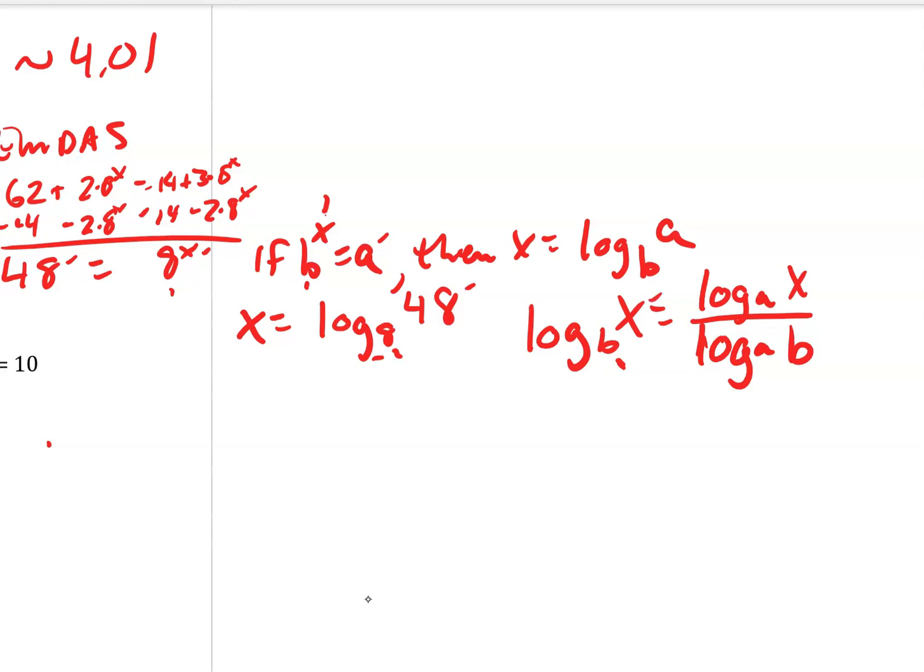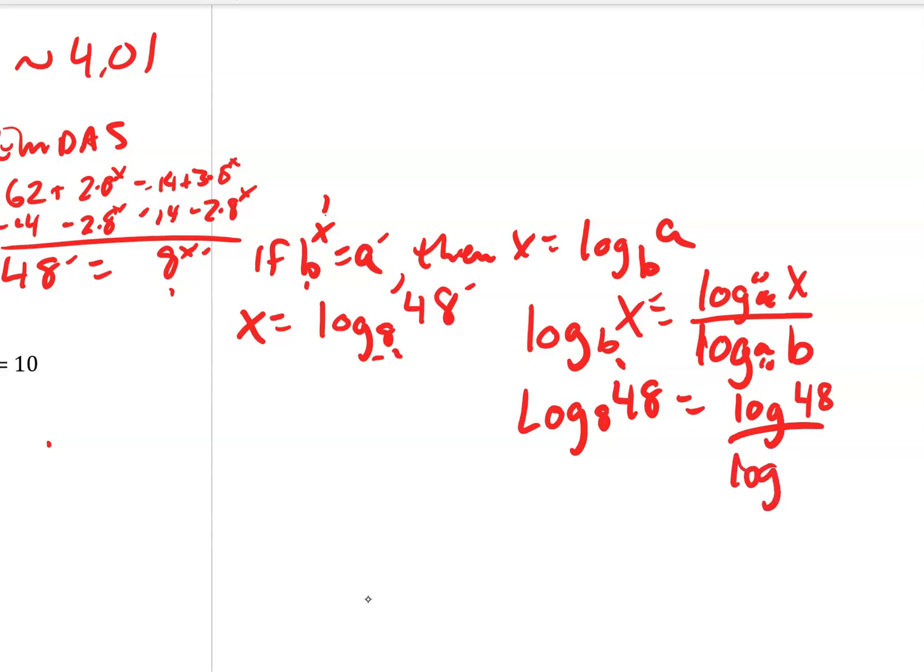This x is our 48. And in our calculator, we have either ln, natural log, or log, which is just base 10. So we're going to use log base 10, because that's what we have in our calculator. So, log base 8 of 48 equals log base 10 of 48 divided by log base 10 of 8.